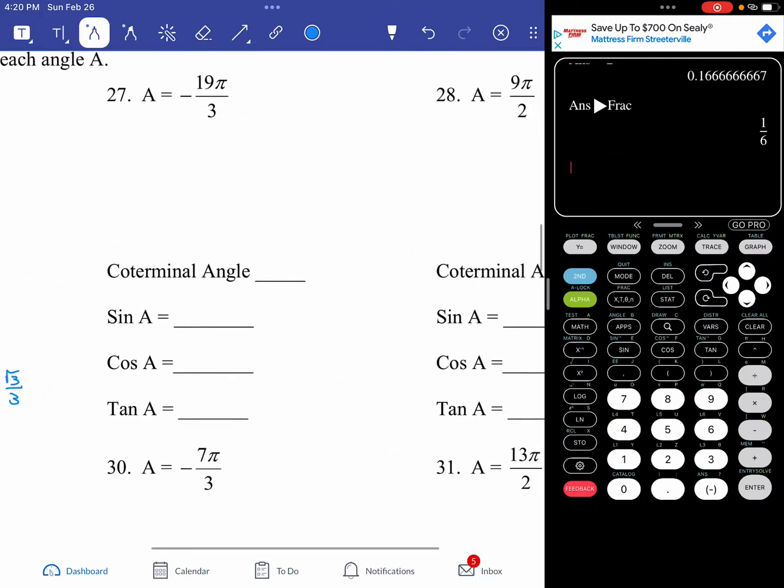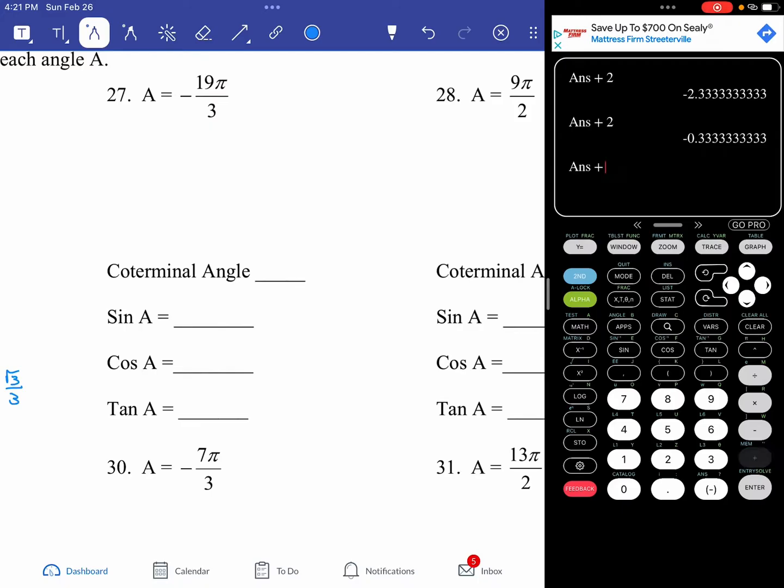Next, negative 19 pi over 3. That's too small because it's a negative. So we're going to add 2 pi a couple times to get us, one more time, a positive number. Gives us 5 pi over 3.